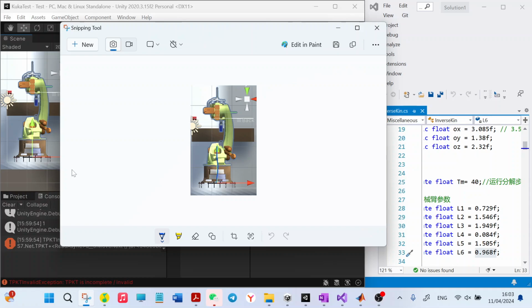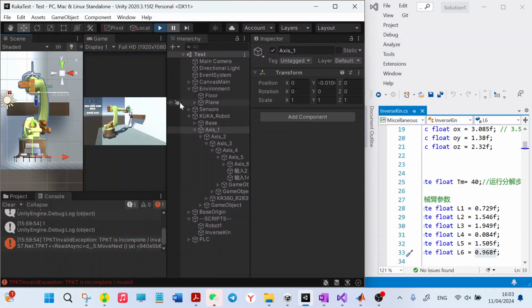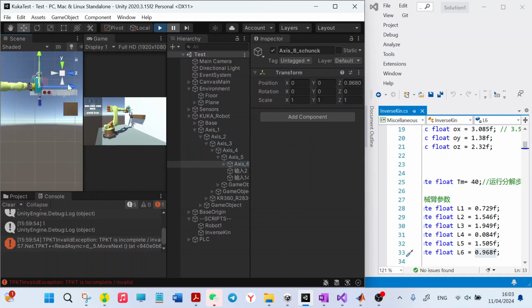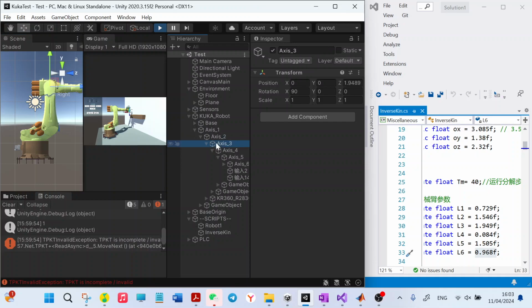I also aligned that with Unity. If we check all of these, they will be on the same line. The same here for the configuration. So this and this are also on the same line, and they differ just by the z-axis.